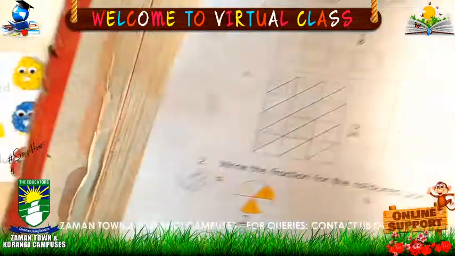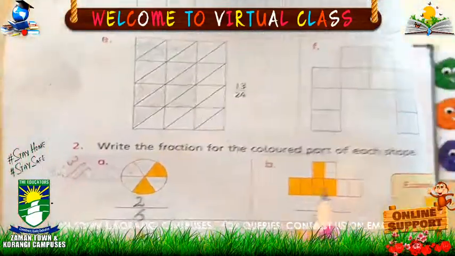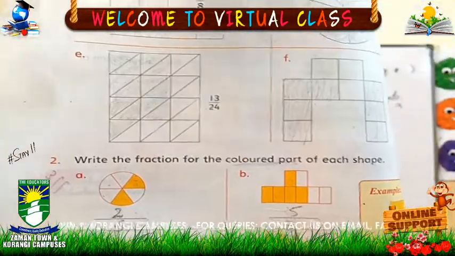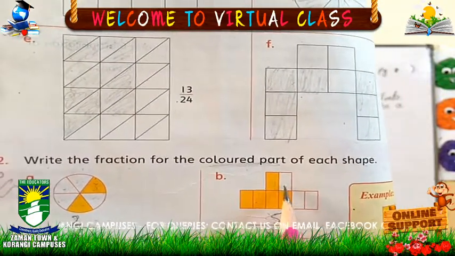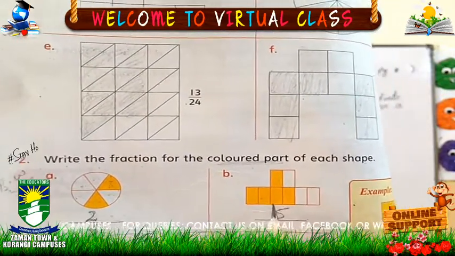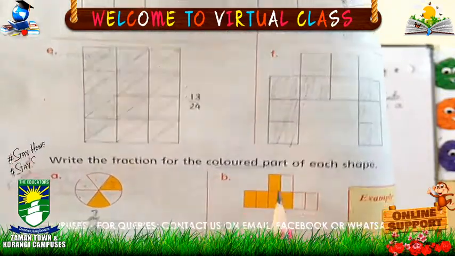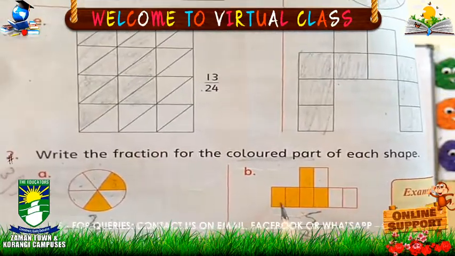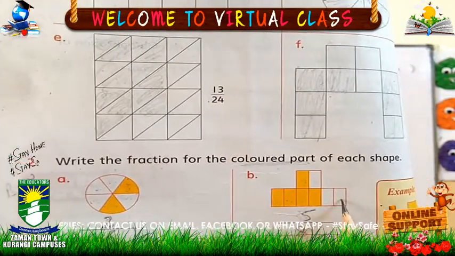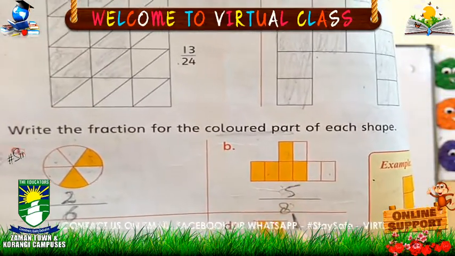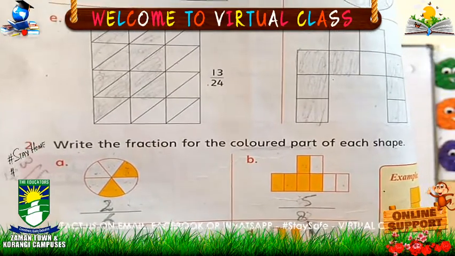Okay, now come towards the second figure. First of all, start counting the equal parts this figure is divided into: 1, 2, 3, 4, 5, 6, 7, 8. So you will write 8 downward in the denominator.